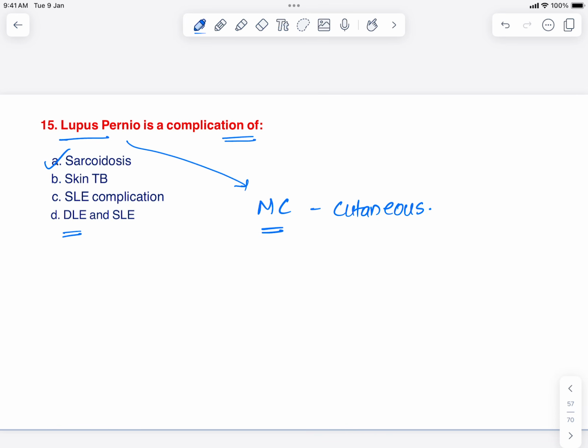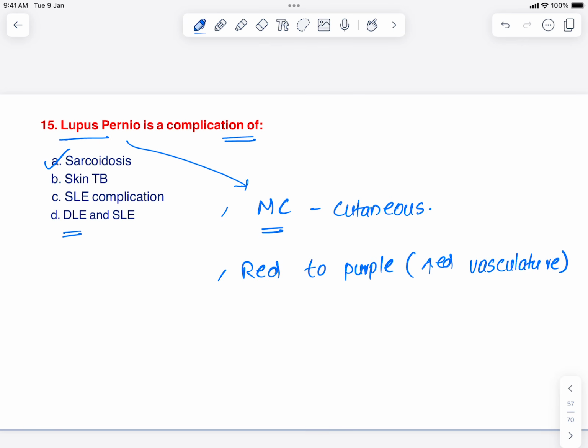The lesion is typically described as red to purple in color, right? And why is it purple in color? That is because of increased vasculature.